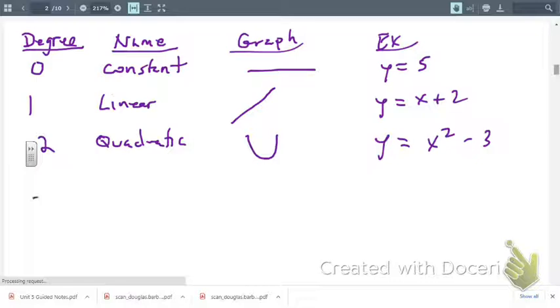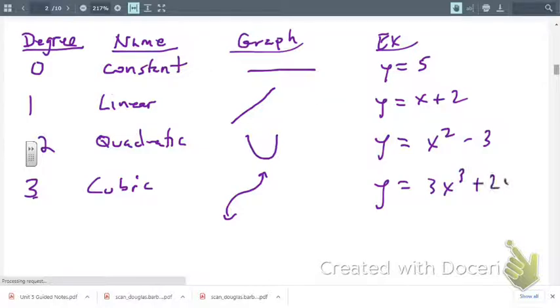A degree 3 is cubic, and it looks sort of like a snake. An example would be y equals 3x cubed plus 2x.